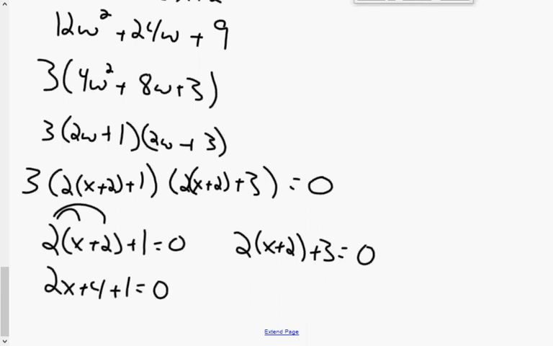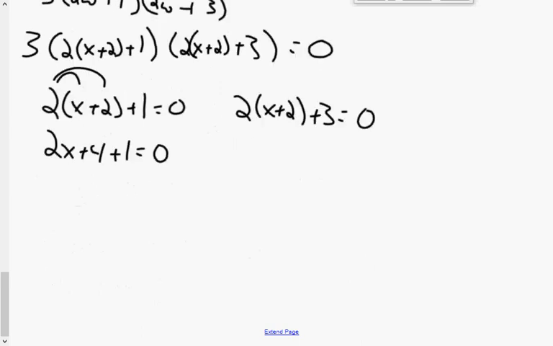I hope you guys don't mind, I'm just going to work through these a little bit quicker. I'll show my work. 4 plus 1 is 5. I bring the 5 over, so it's negative, and then I divide both sides by 2. Negative 5 over 2. Leave it as a fraction. Don't put negative 2.5.